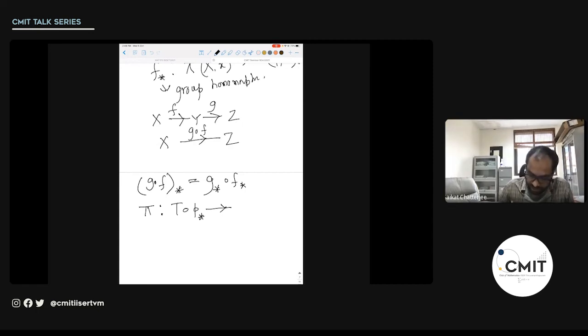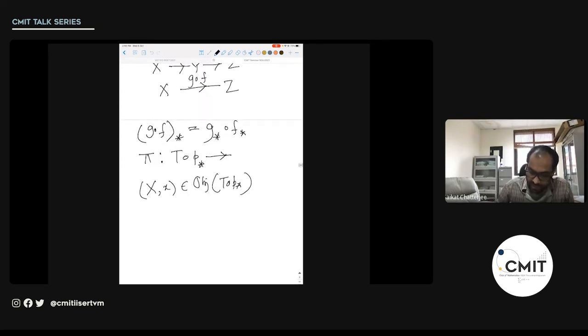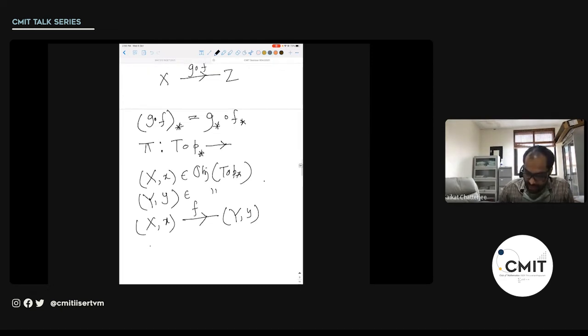so suppose, yeah, let me write this. So suppose (X, x) is an object in this category of pointed topological spaces, and (Y, y) is another such object, then an arrow is simply a continuous map f from X to Y, such that y is f of x.